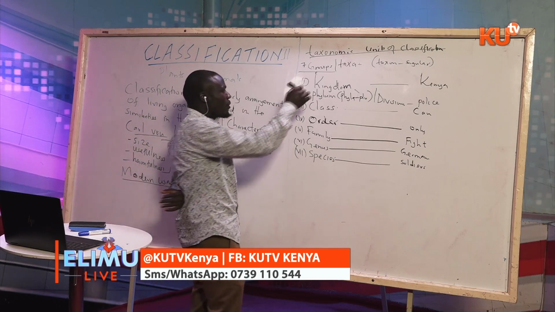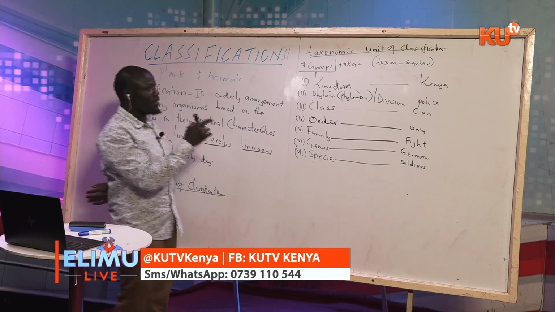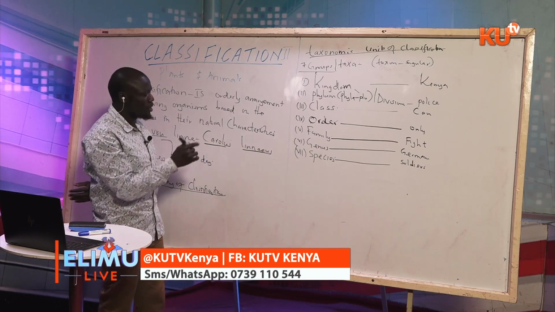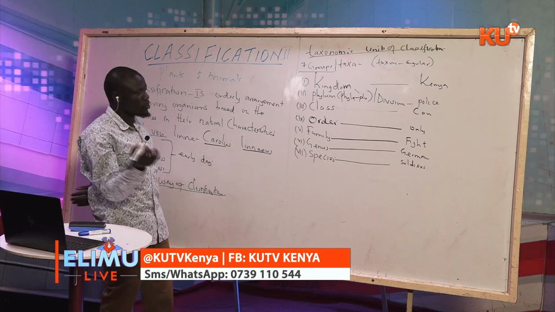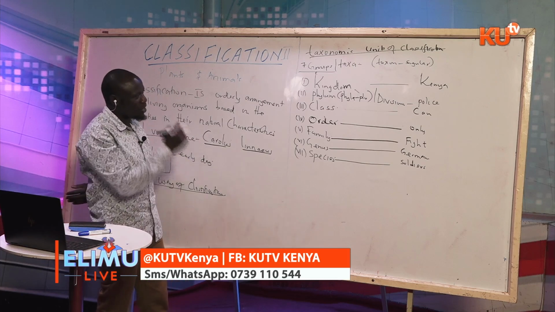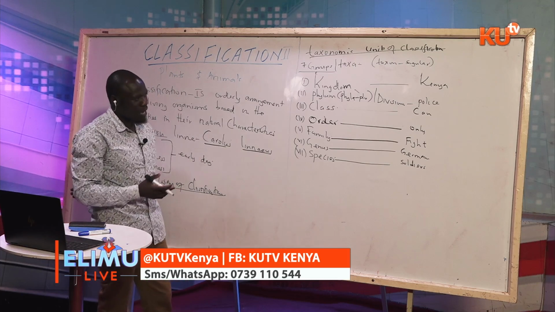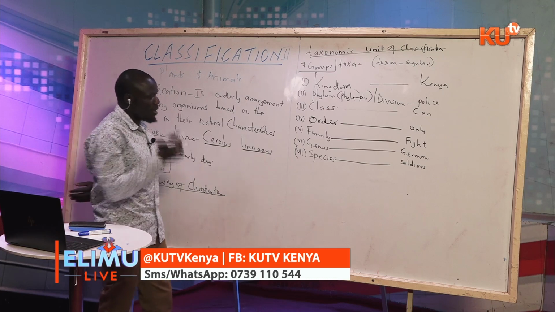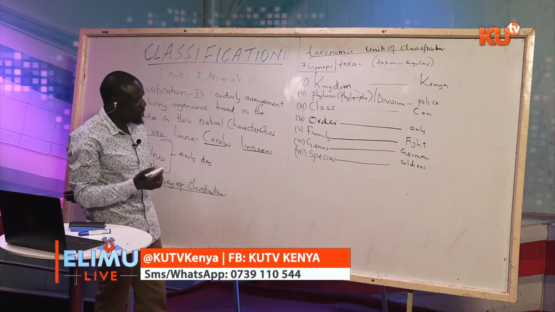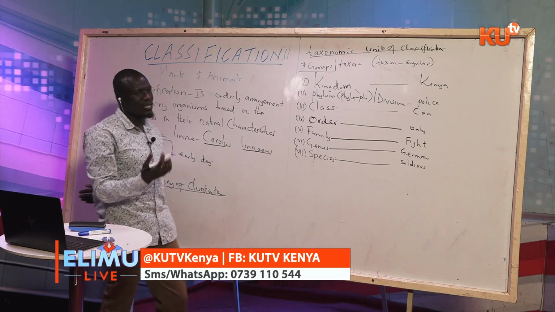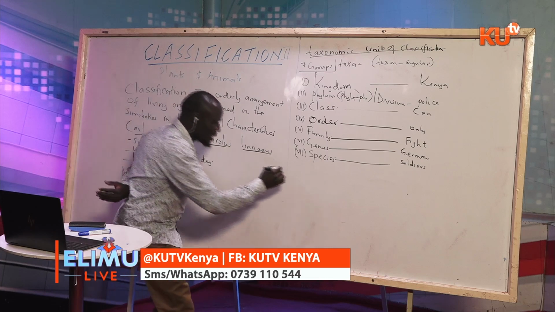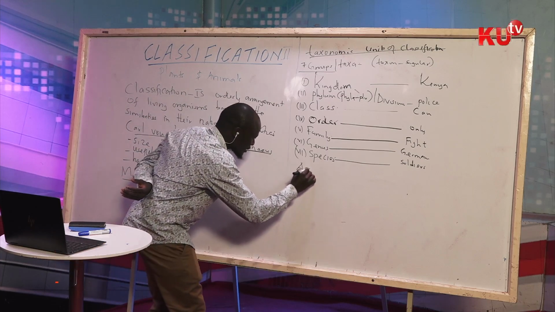So if somebody arranges these 7 taxonomic units, there is always one of the questions that is tested on how you will write these taxonomic units. Maybe somebody can say, write these 7 taxonomic units in ascending order.